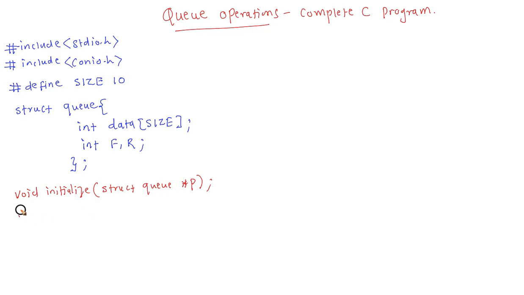Then we'll write the empty function. This is not void empty, by the way, this is int empty, because it will return 1 if the queue is empty, otherwise it will return 0.